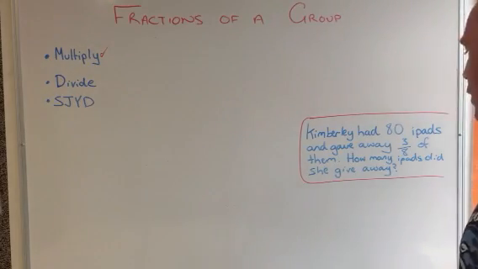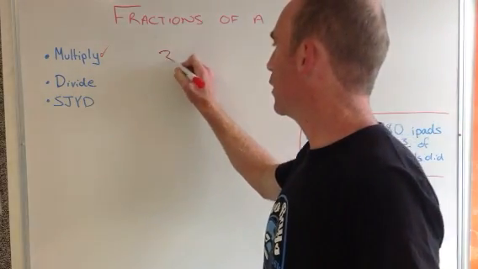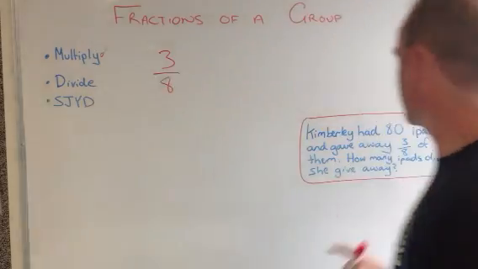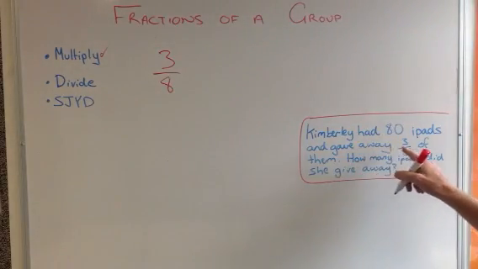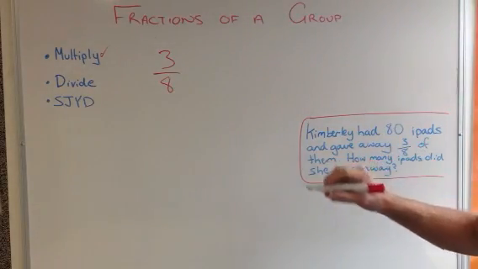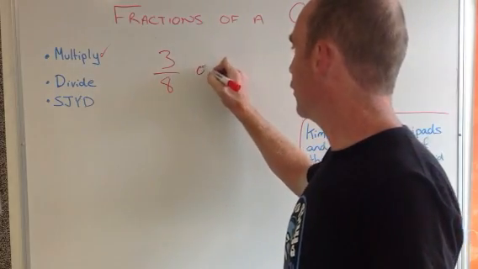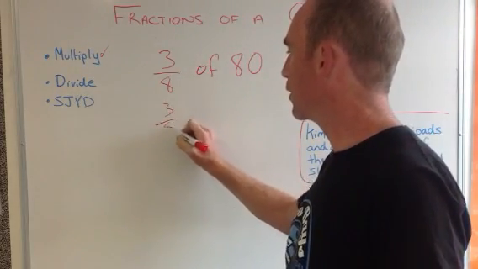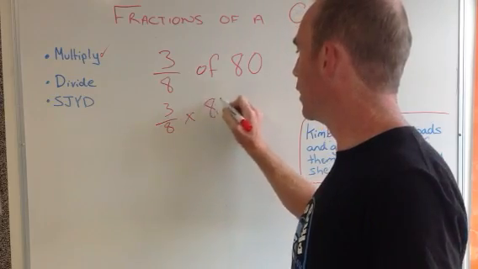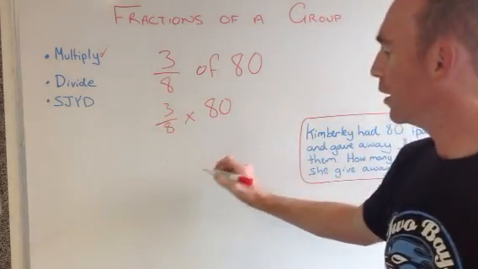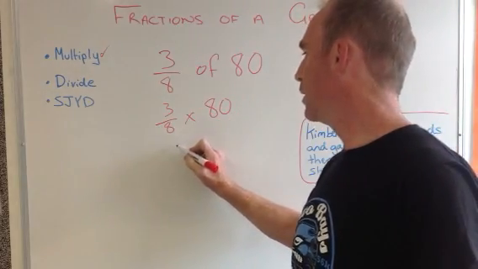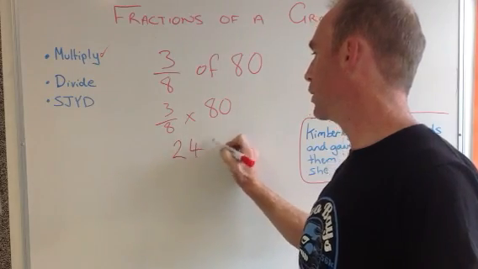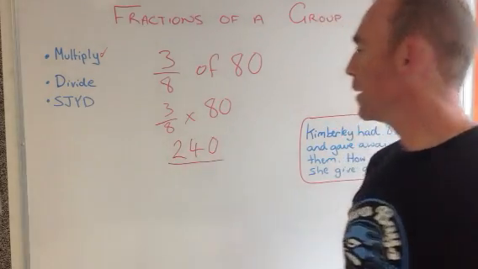So let's look at it. We need to find out 3/8, because that's how much she gave away, 3/8 of them. 3/8 of 80. That is 3/8 times 80. First we multiply. 3 times 80 is 240, just off the top of my head.